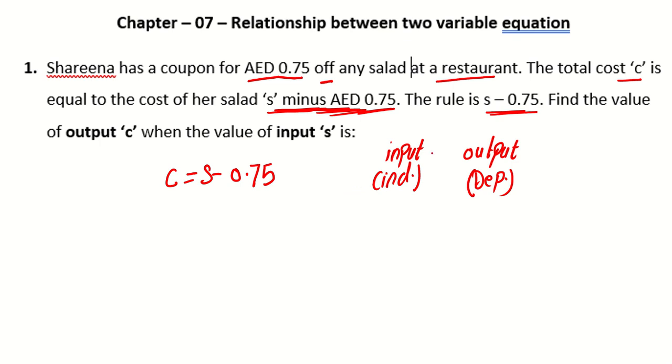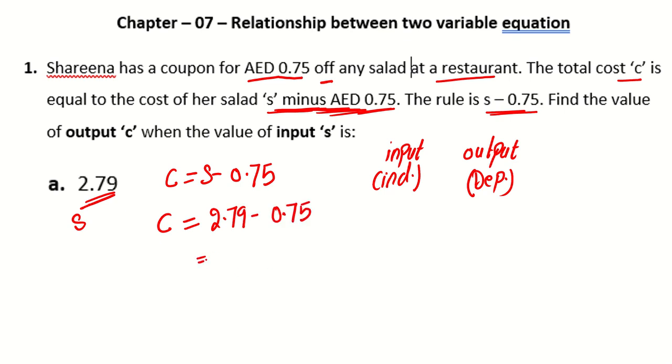For example, find the value of the output C when the value of input is 2.79. So this is the value of input, meaning this is S. So C will be equal to S, meaning 2.79 minus 0.75.